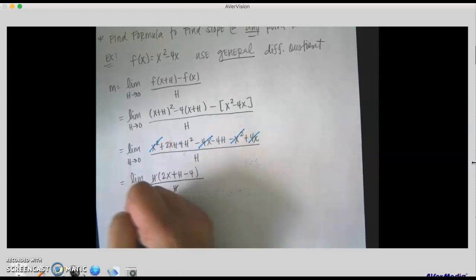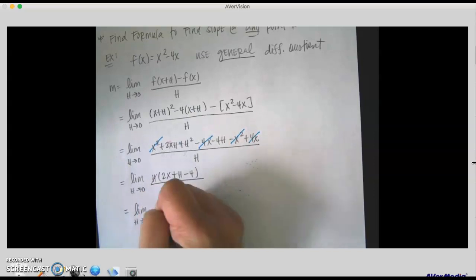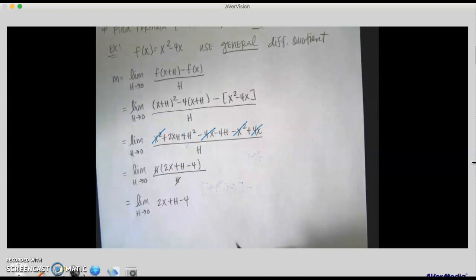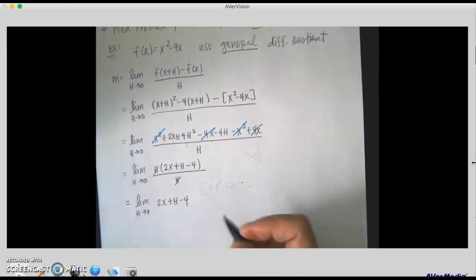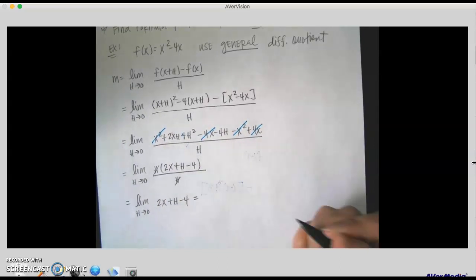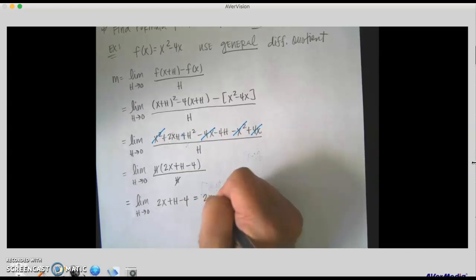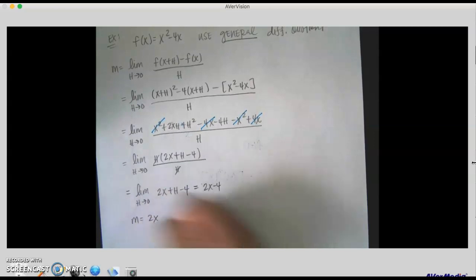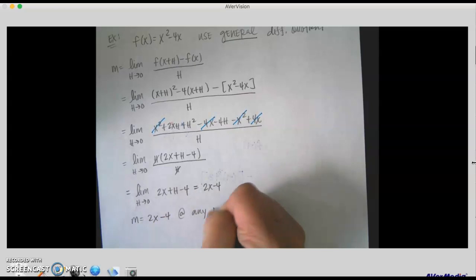Those cancel. So the last line will be the limit of our simplified. Always have the simplified equation there. And then you can plug in the h to be 0 and just put equals. So that would be 2x minus 4. So we're saying our slope is 2x minus 4 at any point.